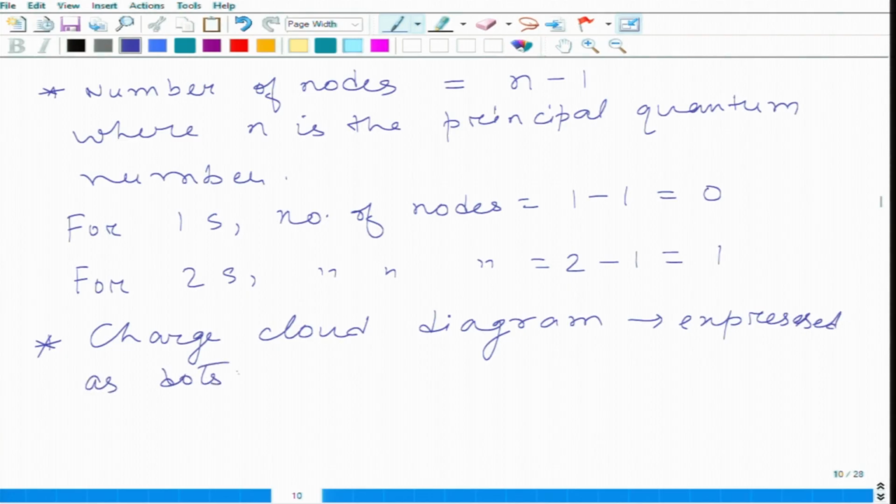In the charge cloud diagram, the density of finding an electron is expressed in terms of dots. So, the density is higher when the region is near the nucleus, and the density gradually decreases when we move away from the nucleus.